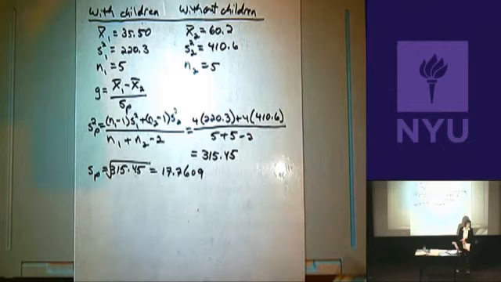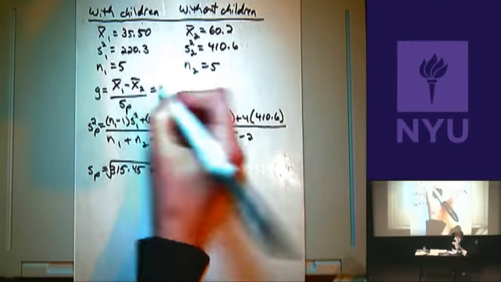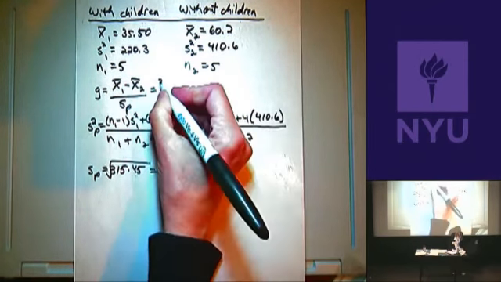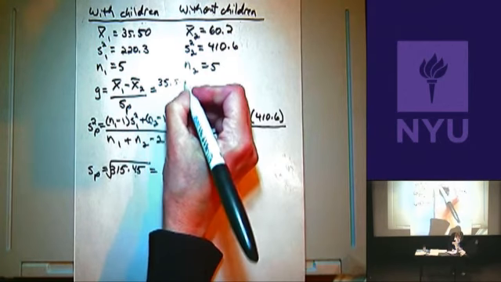Anybody not sure where something's coming from? Okay, so that's my pooled variance. So now I can go back and I can calculate my effect size. Because look, there seems to be a big difference between these two groups.